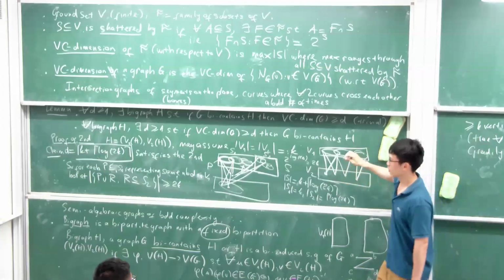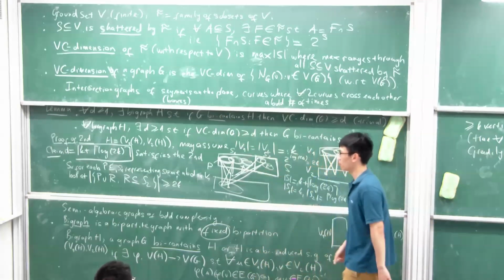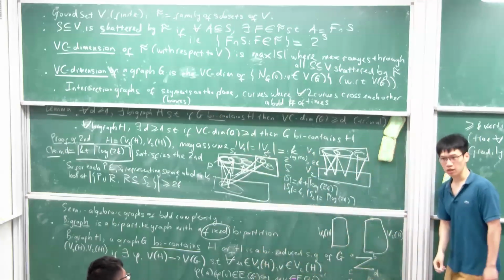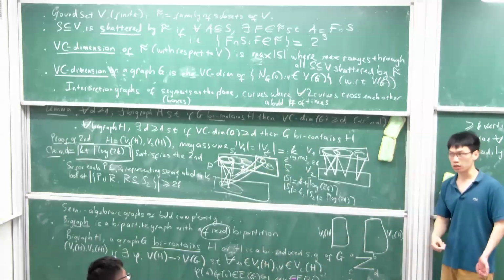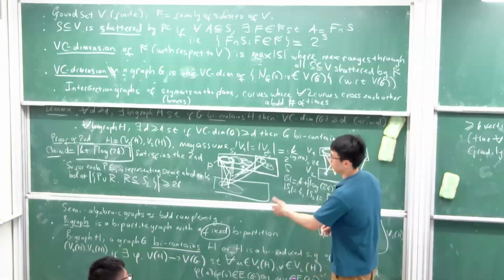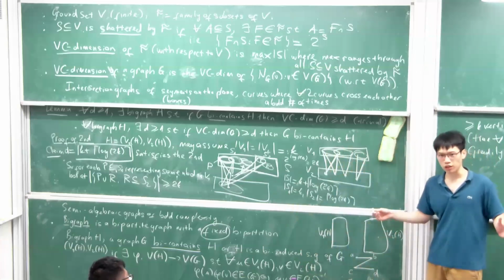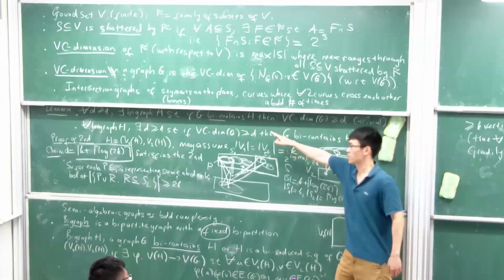Because here we have bicontains, and there might still be many edges living inside one of the two sides of the graph H, and so the number of graphs that we need to exclude is potentially huge in terms of the size of H.